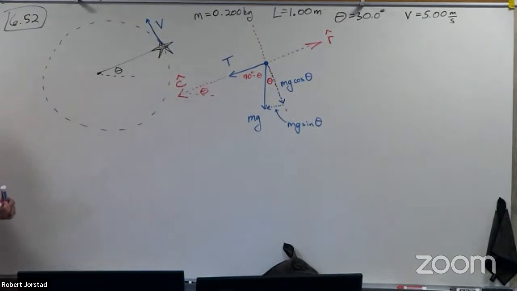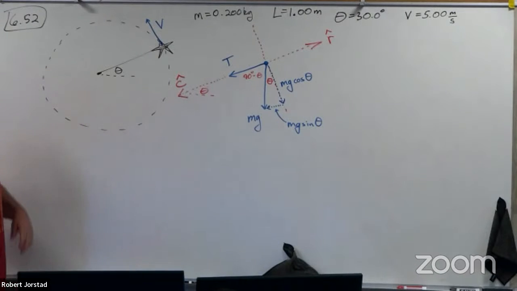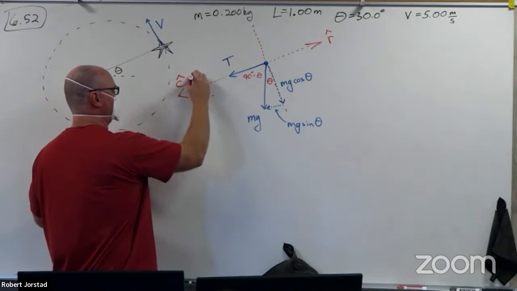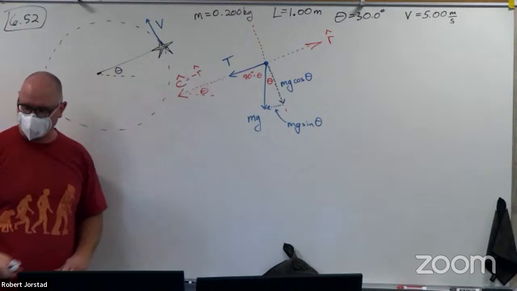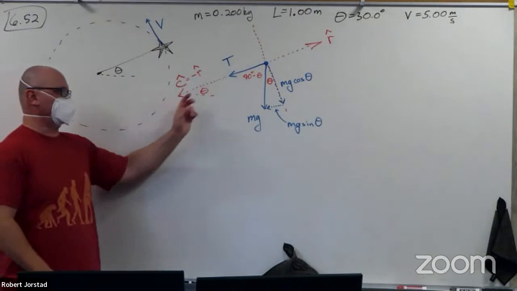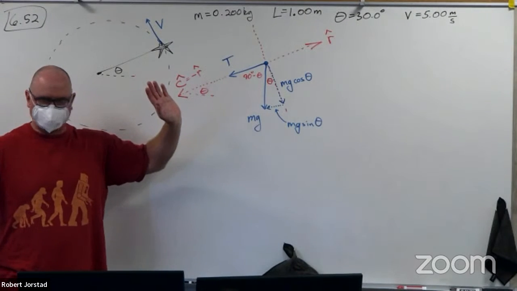This is not standard. This is not something you're going to see in a lot of physics books. But for me, C hat is essentially the same thing as negative R hat. And I just like using this, so I apologize if you don't like that. The reason I do that is so that I don't get a bunch of negatives on my forces. That's all. Okay with that?